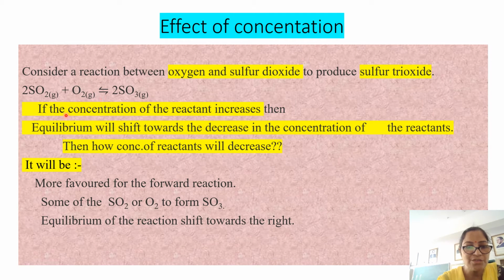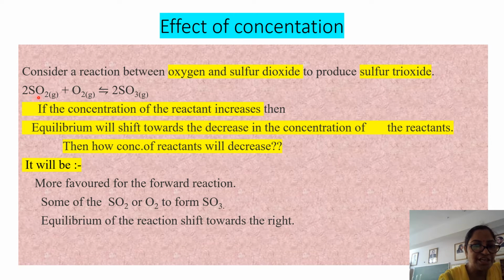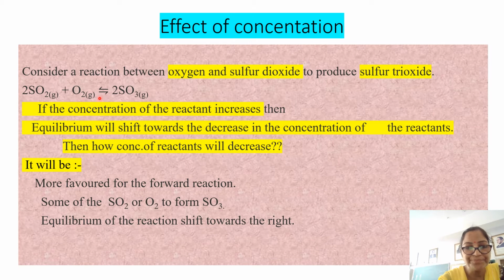Now let us assume that the concentration of one of the reactants is increased. Then according to Le Chatelier's principle, any imposed change is counteracted so as to shift the direction of reaction to attain equilibrium again.